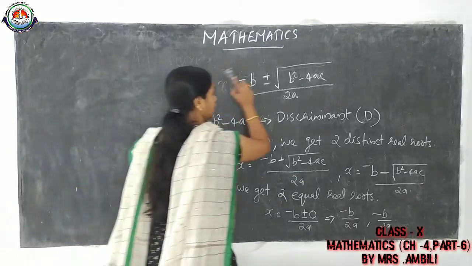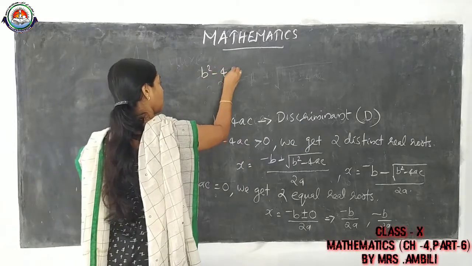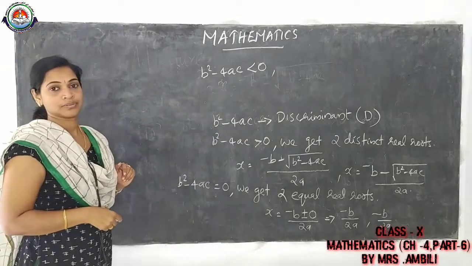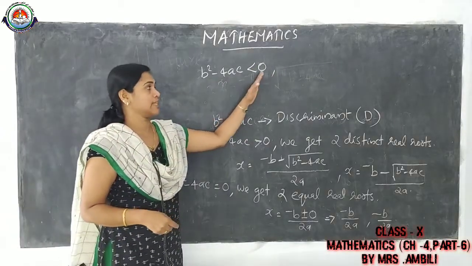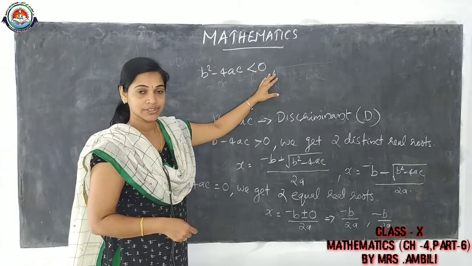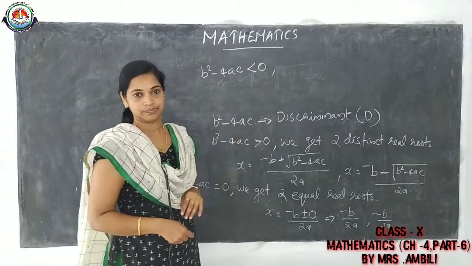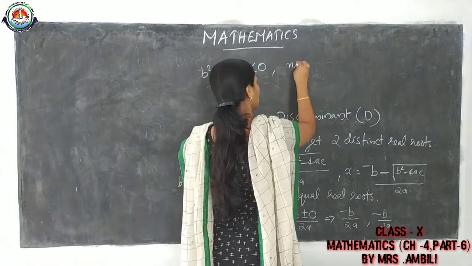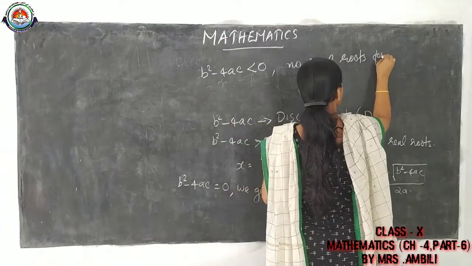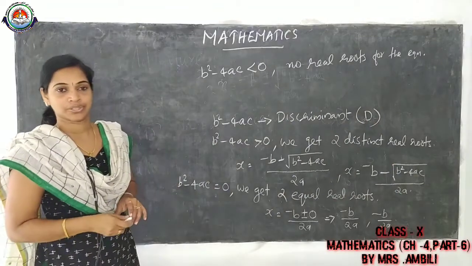Third one, if b square minus 4ac is less than 0, meaning negative values, in this condition there are no real roots for the given equation.